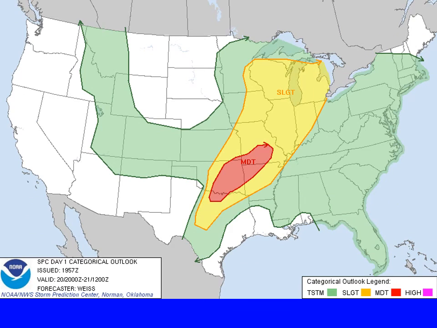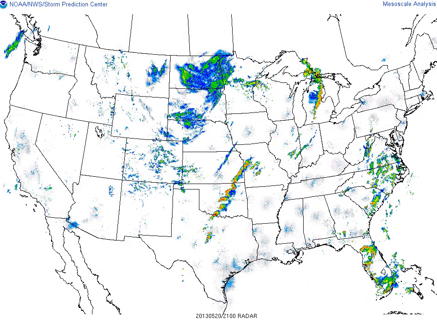So on this day, the 20th of May 2013, the Storm Prediction Center made a forecast of moderate risk for severe thunderstorms across Oklahoma and Missouri and parts of Texas and Arkansas. And by the afternoon, this is the 21 Zulu radar mosaic across the United States.